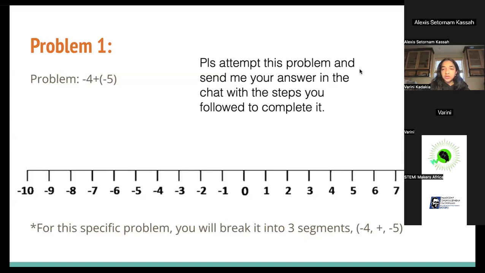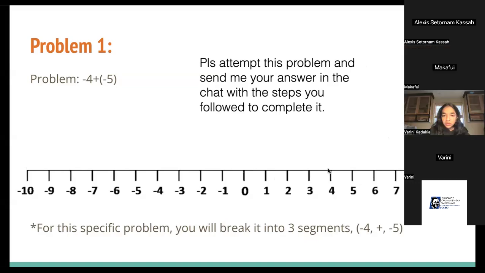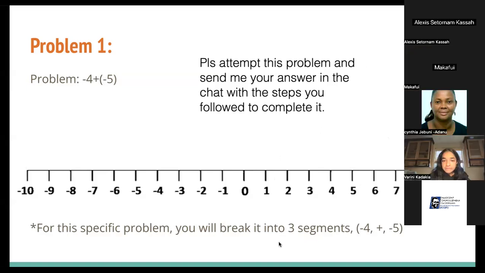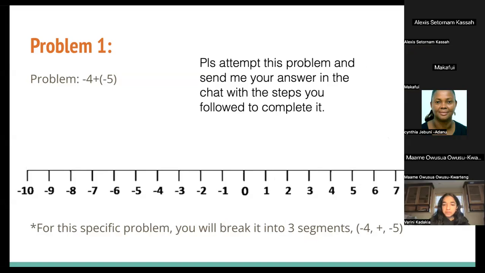Okay, does anyone else want to do it? Whoever unmuted, do you want to go through? Okay. Go ahead.